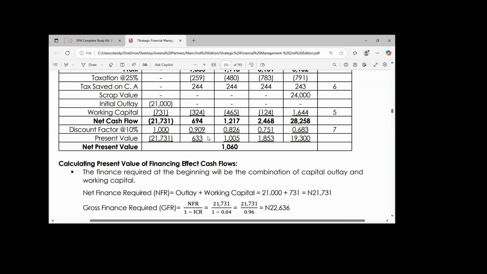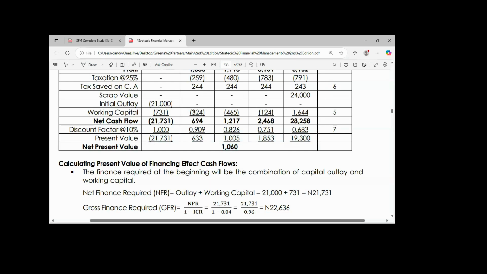Then to get the present value, just multiply with the net cash flow, and that produces the present value for each year. To get the base case NPV, just find the difference between the present value of cash inflow and the present value of cash outflow, and that's what produced the 1,060. In this case, the base case NPV is 1,060,000 naira.